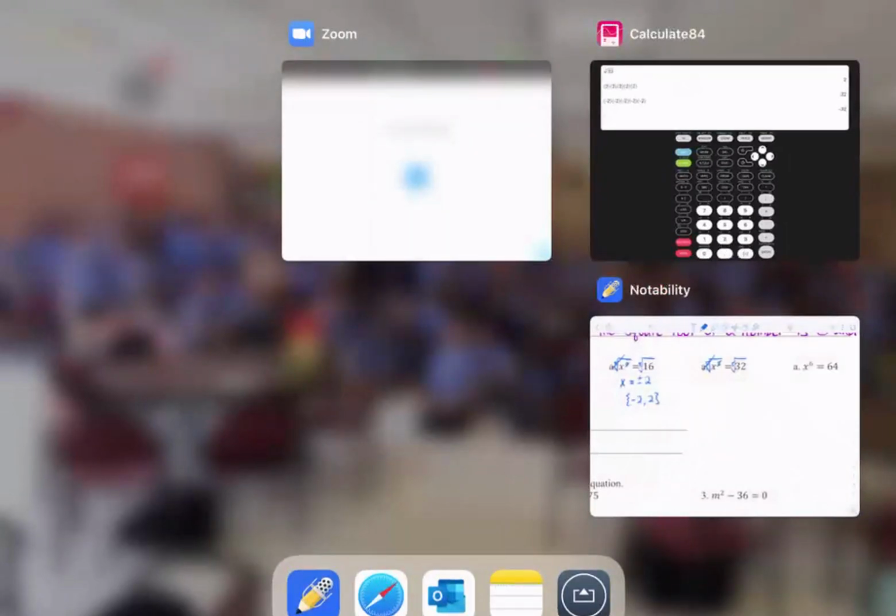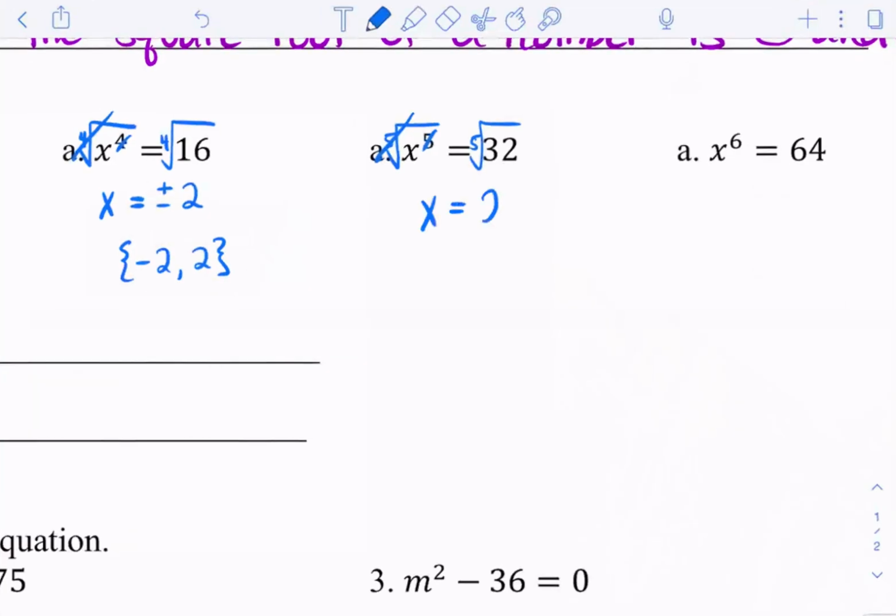And it's a 2, so that means 2 times 2 times 2 times 2 times 2. That works. But does it work if I have -2? -2, and then -2. Does it work? No, it does not. I get a negative. So the answer here is only 2.